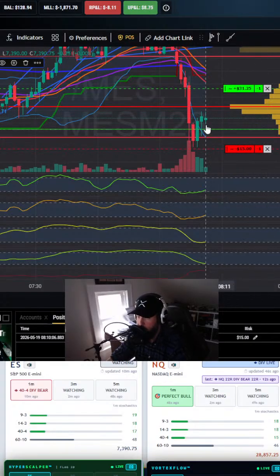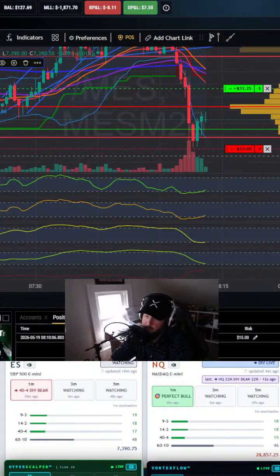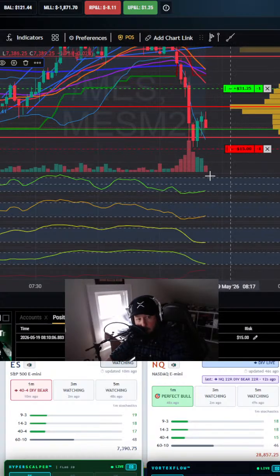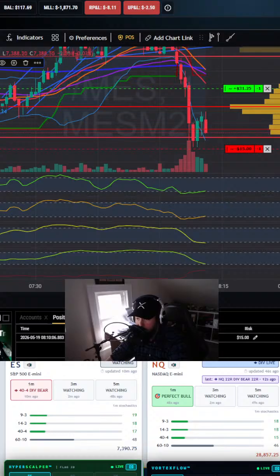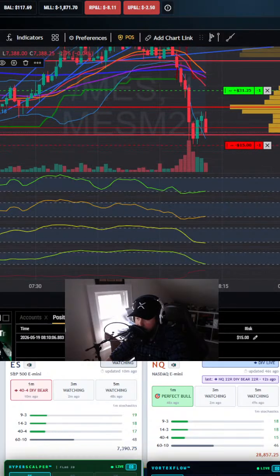So we're in a good position here. As soon as we touch this red line, I'm bringing the stop loss up to break even. Our stochastics are starting to cross at the bottom, which is a good indicator for us. Once again, you can never predict what's going to happen, so just making sure you set yourself up for minimal risk is the best.